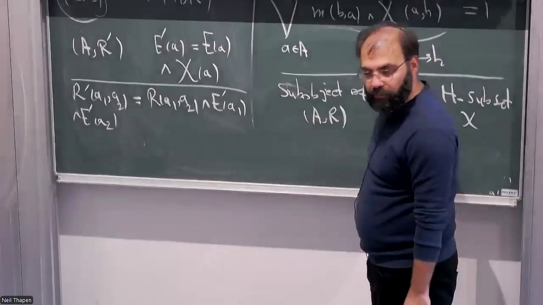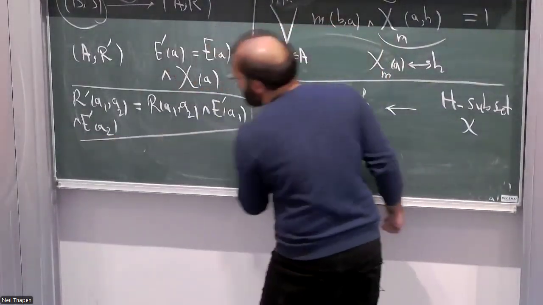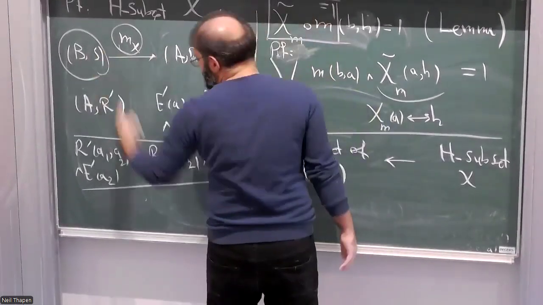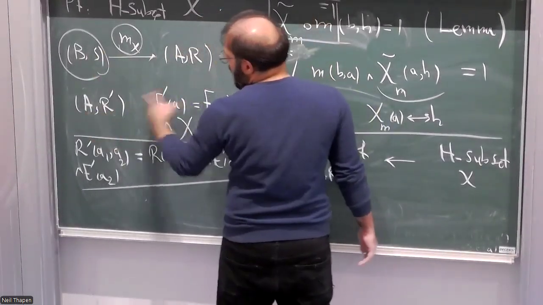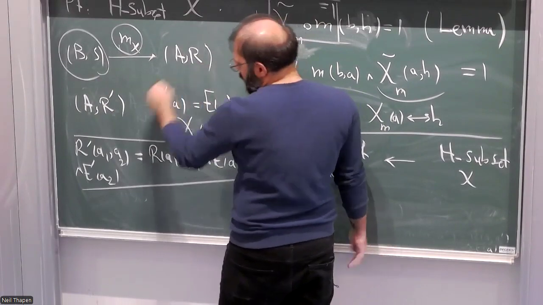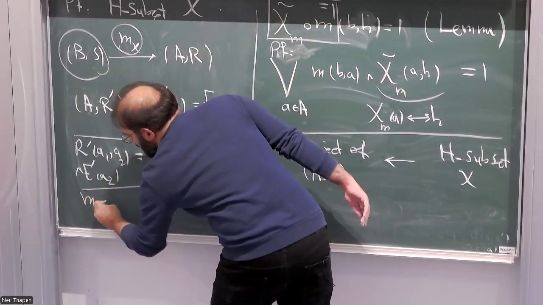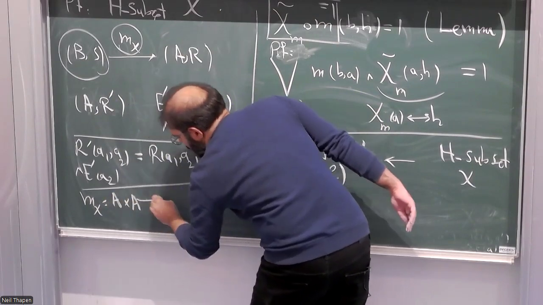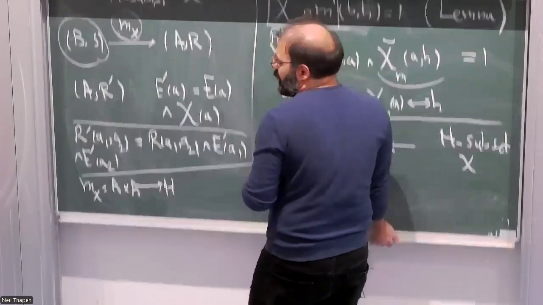Fair enough? Or not? And the last thing that I have to define is this guy, right? M of chi. So it's a map, and now it is A prime, and this is A, so therefore it must be M chi, must be a map from A times A to H with many properties.